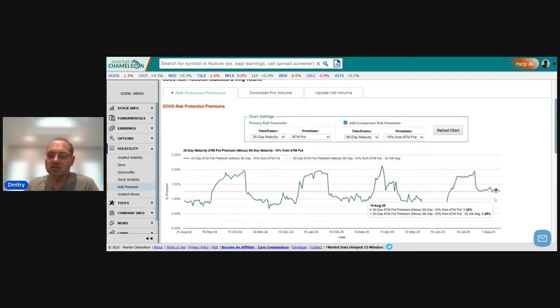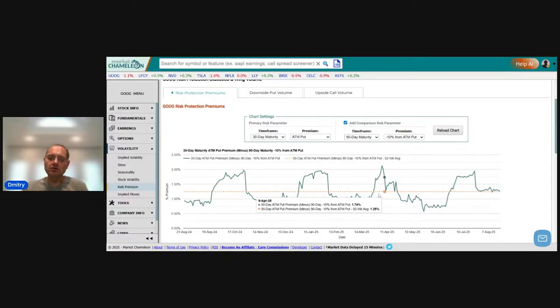So this green line over here is looking at the daily differences, 30-day at the money minus the 90-day out of the money, and is doing it in percentage of spot price. So this is looking at the premium of the options. This orange dotted line shows us the average of all these differences.